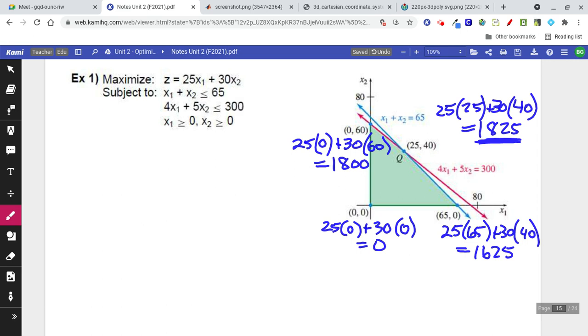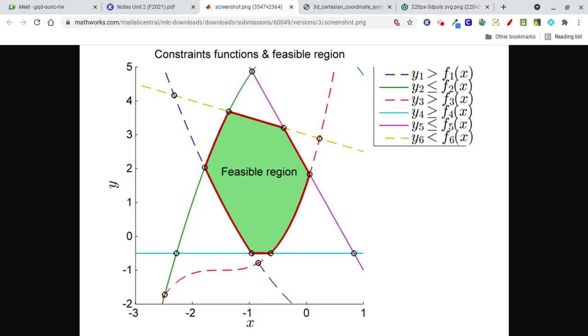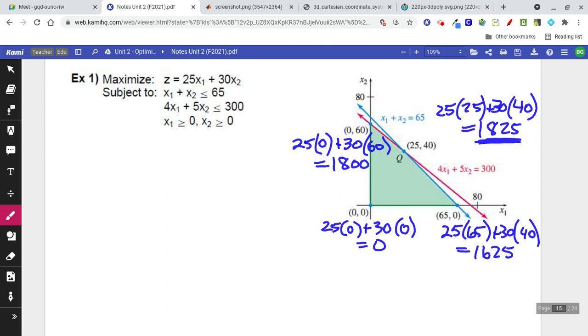We know how to do this using the method of corners, but we're going to learn a new method for doing it, the simplex method. And again, the simplex method is going to be good for 3-dimensional, 4-dimensional, 5-dimensional, bigger problems. When we only have a 2-dimensional figure, it's pretty easy to use the method of corners, but if we're in 3 dimensions, it's really hard to graph. So this simplex is going to come in handy for more complicated problems.